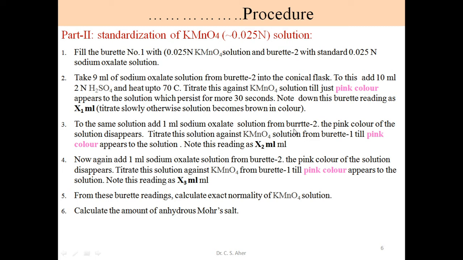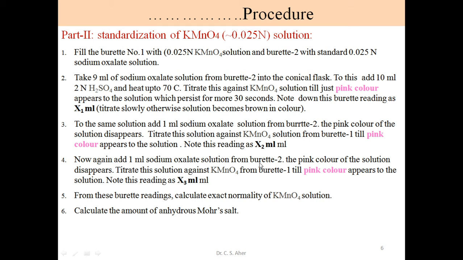Again, you do not refill the KMnO4 burette; the x1 ml reading continues. When we add sodium oxalate solution to the flask, the pink color disappears, and that colorless solution is again titrated with the KMnO4 solution from burette number 1, and we get the second reading, x2 ml.